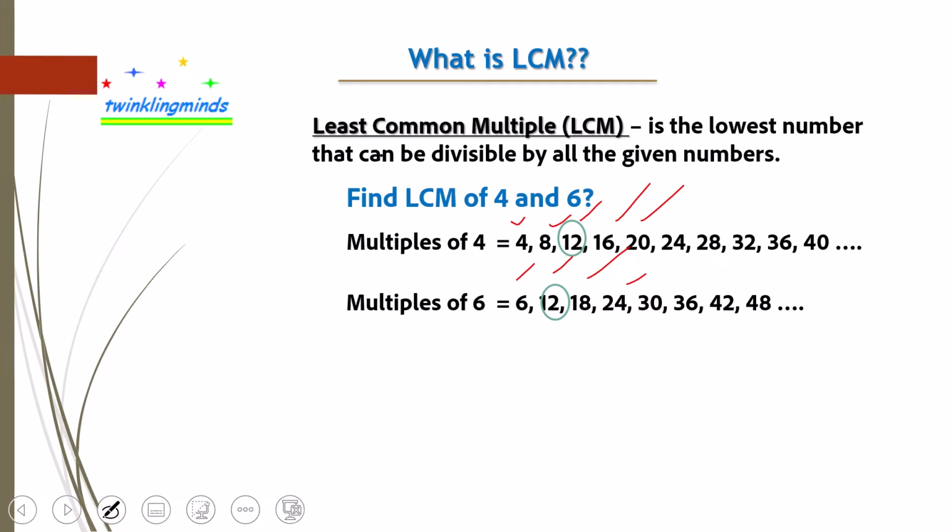Now, what are the common multiples? The first common multiple in both these is 12, right? Then next one is 16, no, 20, no, 24, yes, we have 24 as a common multiple, second common multiple.